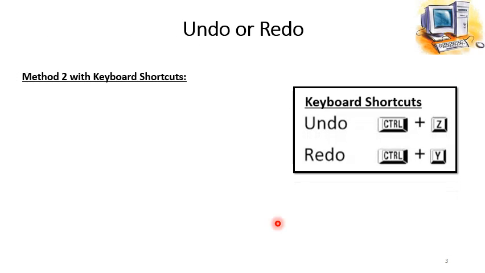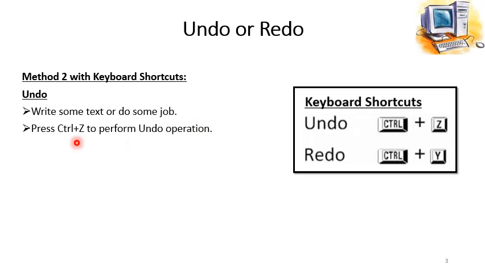Okay. Method 2 is with keyboard shortcuts. For undo, write some text or do some job in MS Word, then press Ctrl plus Z to perform the undo operation.